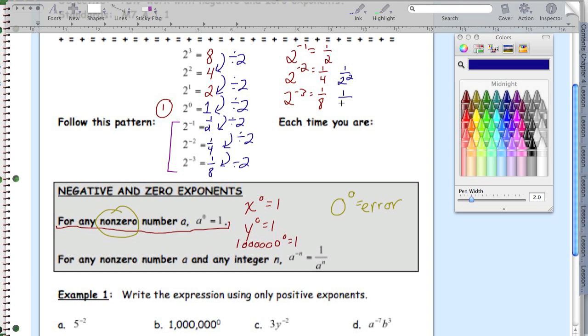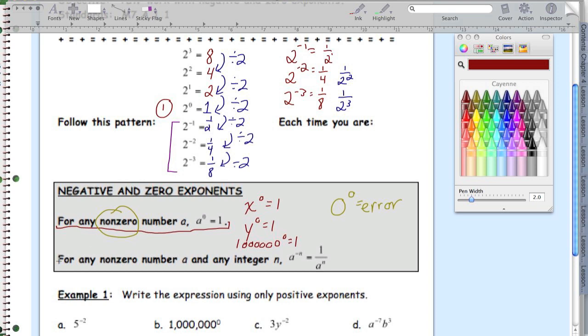And 1/8 is 1 over 2 cubed, because 2 cubed is 8. So what we start to see is that whenever we have a negative exponent, all it does is throw it into the denominator. So 2 to the negative first is 1 over 2 to the first. 2 to the negative second is 1 over 2 to the second. 2 to the negative third is 1 over 2 to the third. So whenever we have negative exponents, it just puts it into the denominator with a positive.